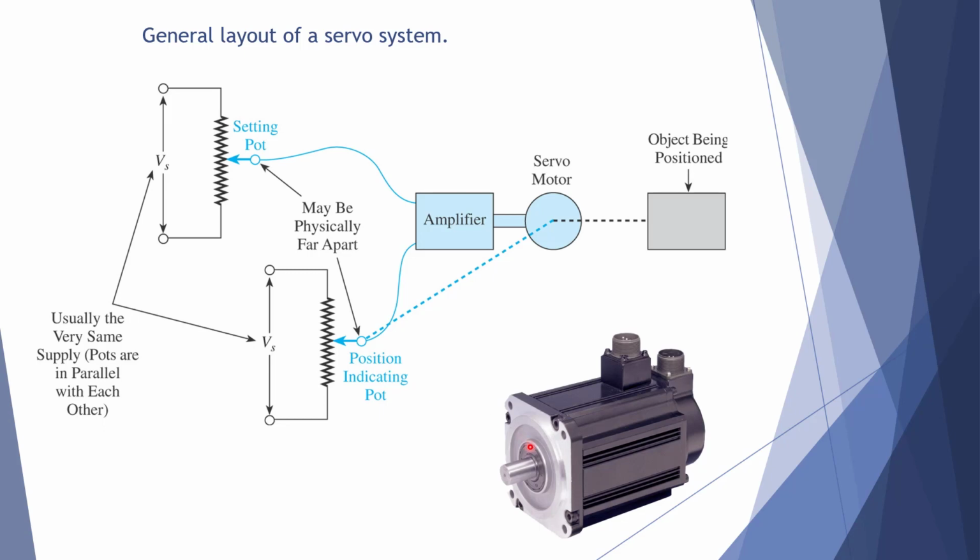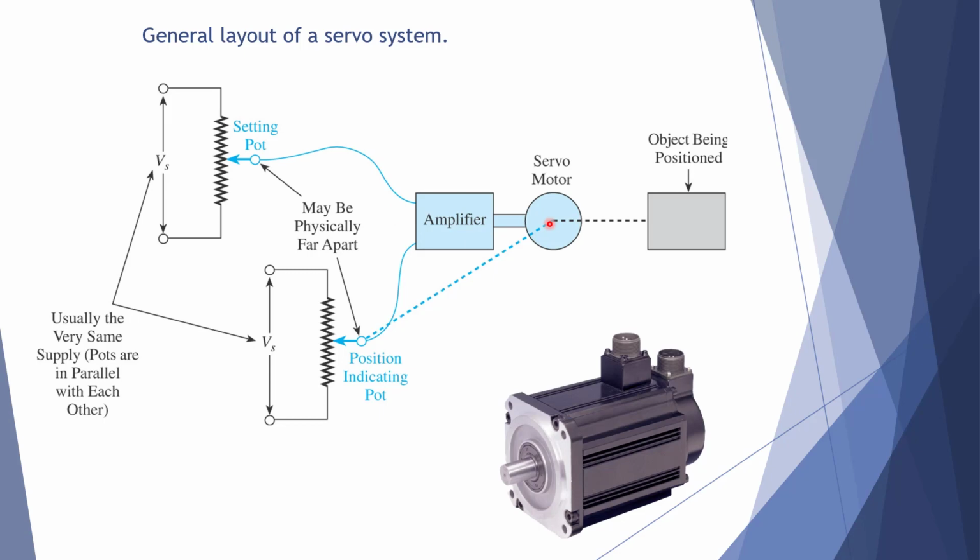As I move, we'll say from 0 degrees all the way here to 360 degrees all the way here, all those degrees in between one rotation are corresponding to a voltage coming with this voltage divider. So if I want it to move, we'll say 180 degrees, I would set this set point about where it's situated here. And if this is different than this, then the motor's going to run because of the difference, the error.